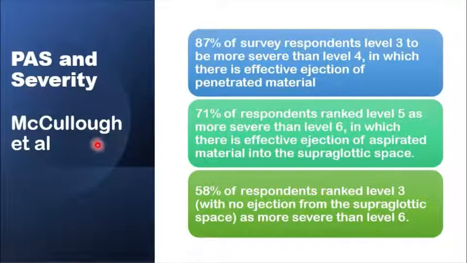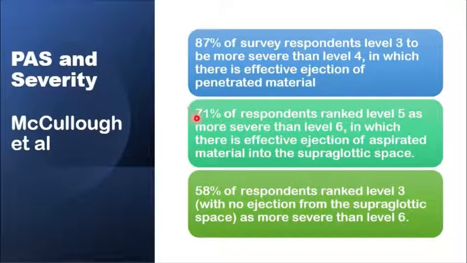McCulloch et al., for example, 2 years after the original description of the scale, questioned this, and through a questionnaire to the consultants in the UK, he found that 87% of the consultants thought that level 3 is actually more severe than level 4, because in level 4 there is effective ejection of the penetrated material, although the material was aspirated deeper into the supraglottic space.